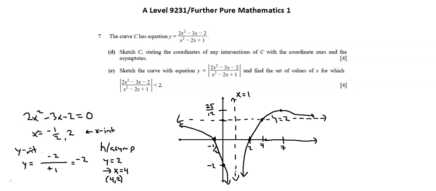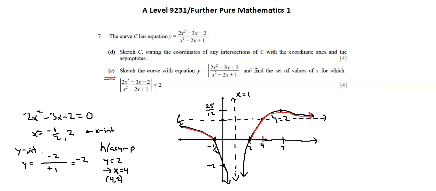Going on to part E, you would, on the paper in a separate section, sketch a new graph. What I'm going to do is, in red, sketch E. E is the absolute value of our function. So any negative y values we reflect through the x-axis to positives. The E graph will keep the parts where we have positive y values.